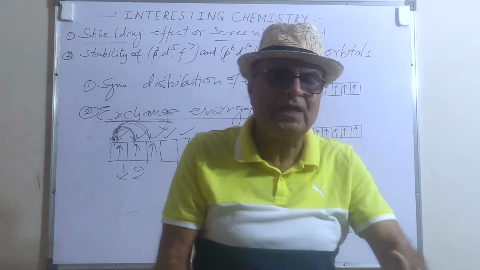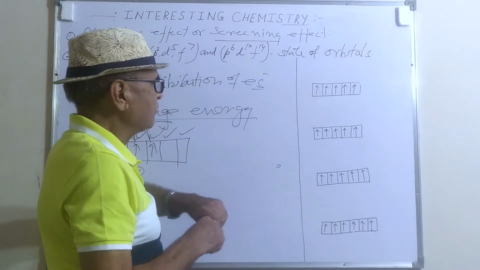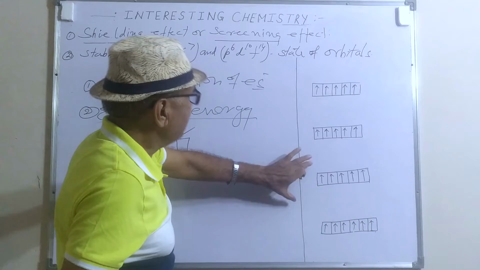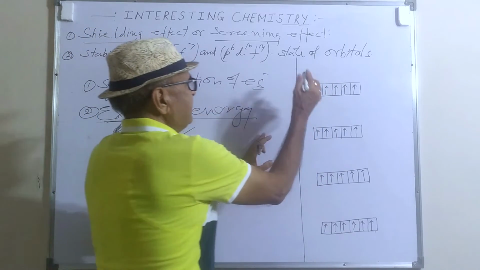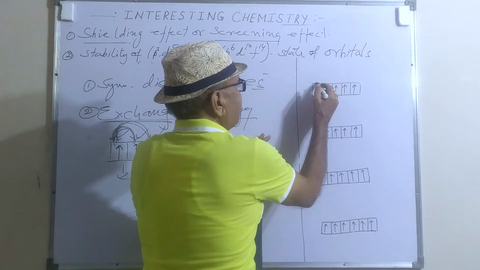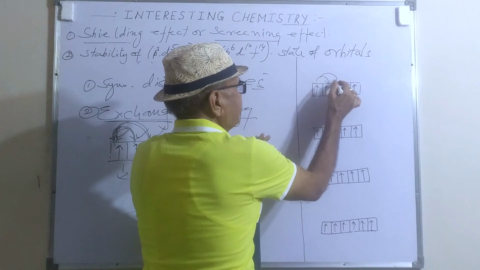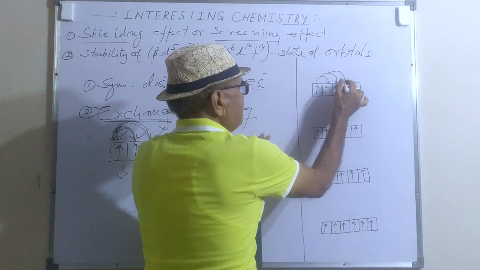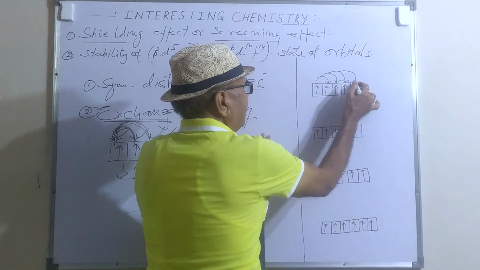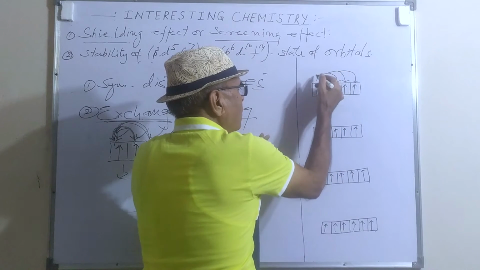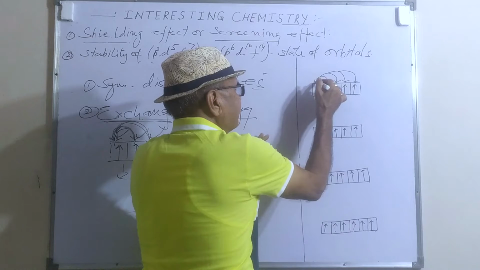I will count them, giving the example. Suppose this is the half-filled d orbital. This electron may exchange with it, may exchange with it, and vice versa. All these electrons will come here.